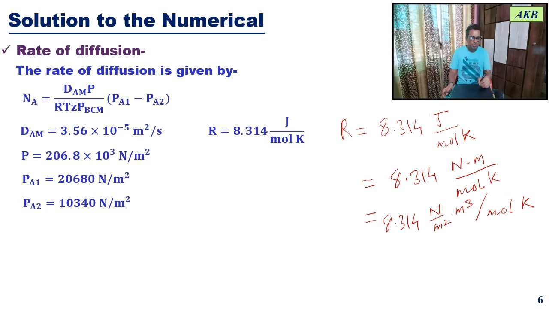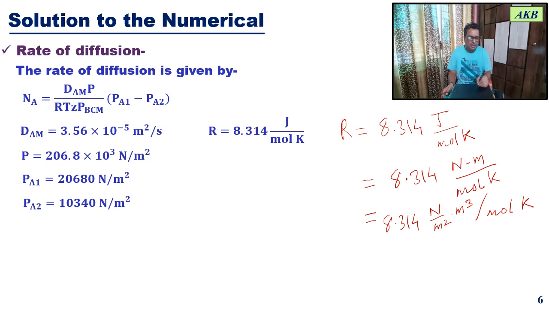Okay. So now 8.314 joule per mole per Kelvin is nothing but 8.314 Newton per meter square into meter cube per mole per Kelvin. So you have unit for pressure, you have unit for volume, you have unit for amount of substance, and you have unit for temperature.